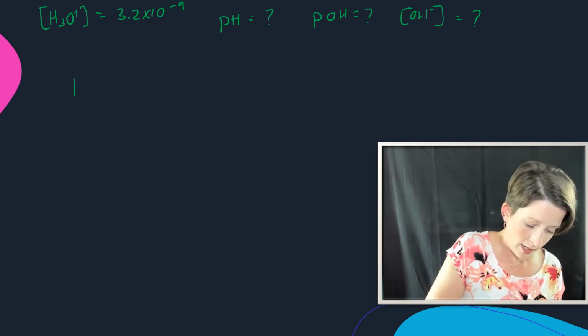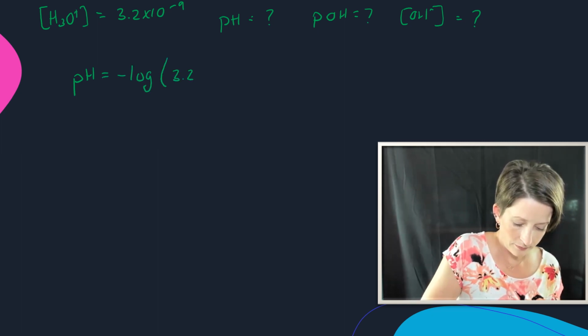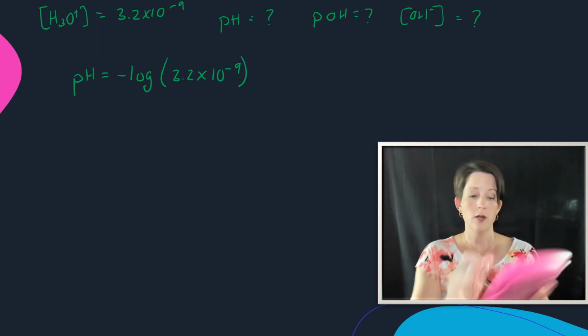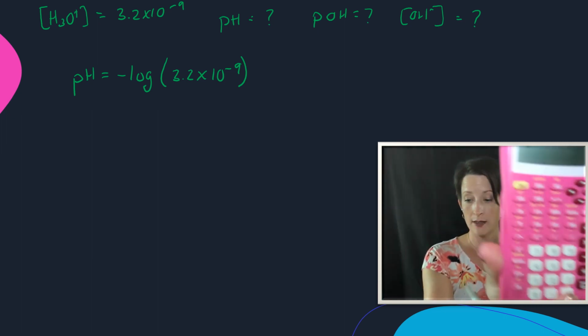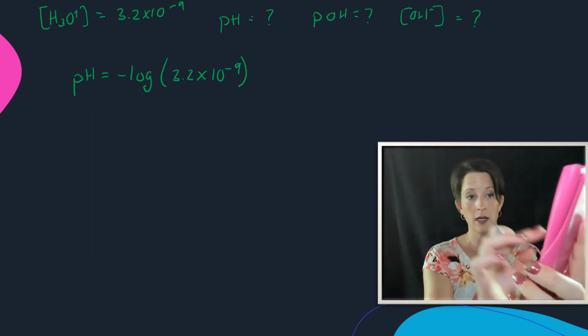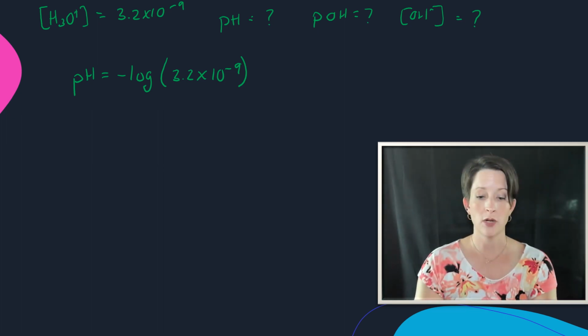So to solve for the pH, that is going to be the negative log of our concentration. So when you plug this into your calculator, for these TIs, you're going to do negative, and then you're going to hit the log function. So you have negative log, and then you put that concentration.